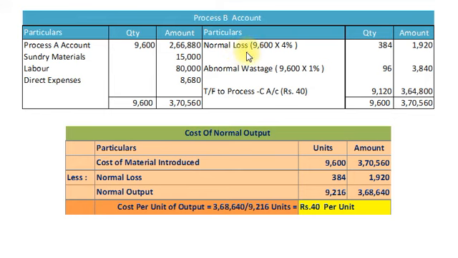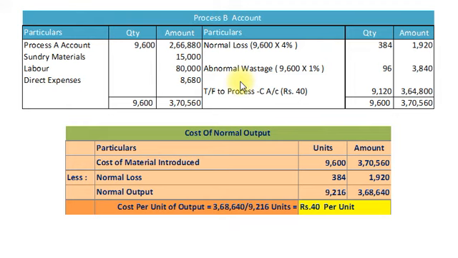In process B our normal loss is 4% of input. So 4% of 9,600 units amount to 384 and it is realized rupees 1,920. In process B our actual loss is 5%, which is 1% more than normal loss.